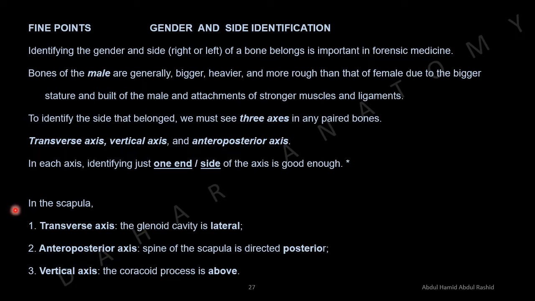In the scapula, transverse axis, the glenoid cavity is on the lateral side. Anteroposterior axis, the spine of the scapula is directed posterior. Vertical axis, the coracoid process must be above.